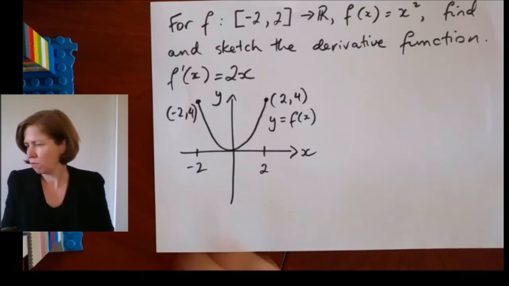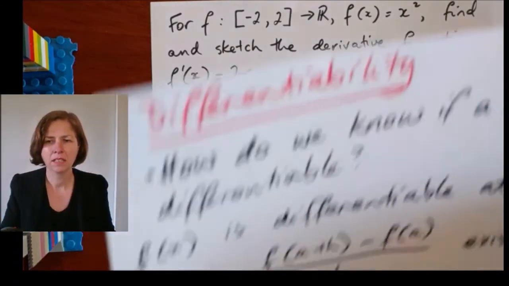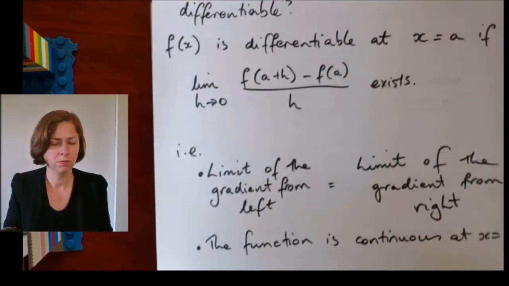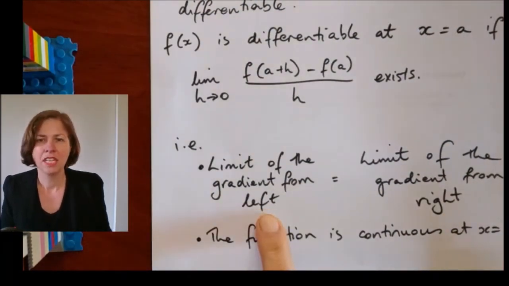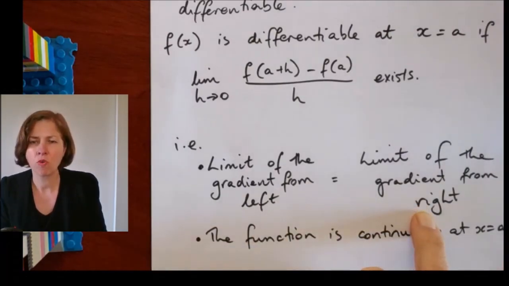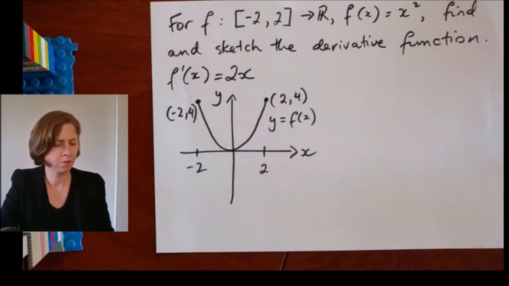But remember, if we go back, let's just go back to what we originally said about when a function is differentiable. The limit of the gradient from the left must equal the limit of the gradient from the right. Now let's look at the endpoints of this graph.